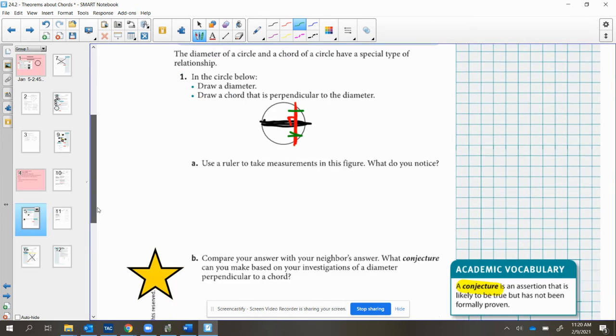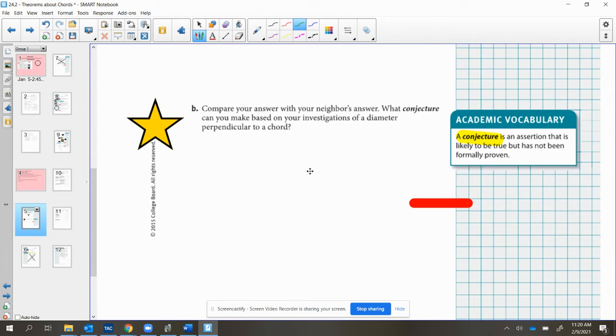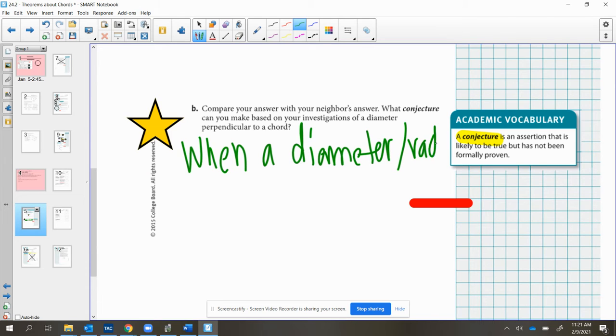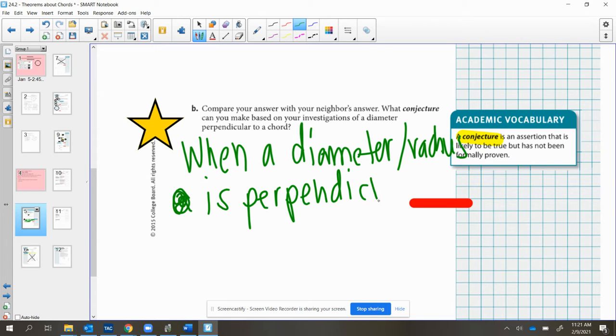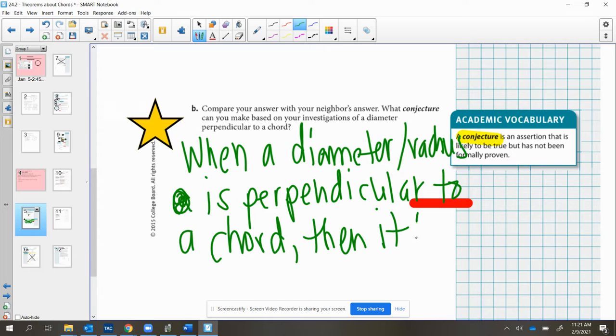So that's something that you're going to want to make note of down here with the conjecture, because what's happening, and we'll talk about the theorem later, but officially what happens is when a diameter or a radius is perpendicular to a chord, then it bisects the chord.